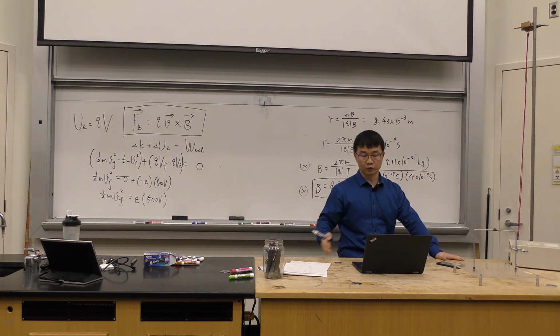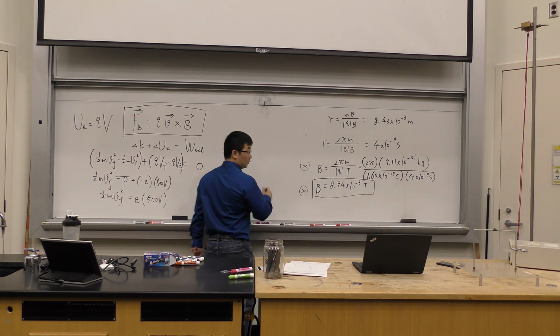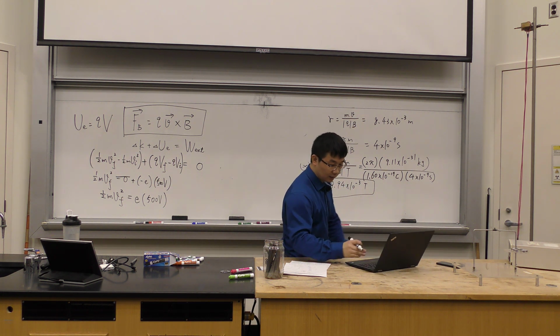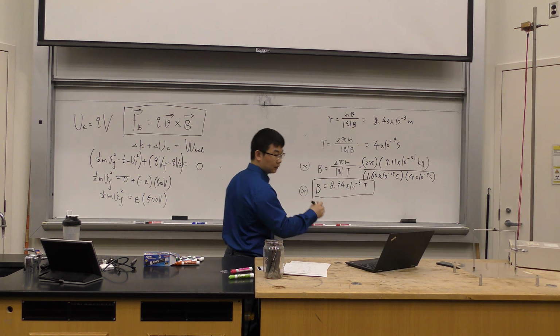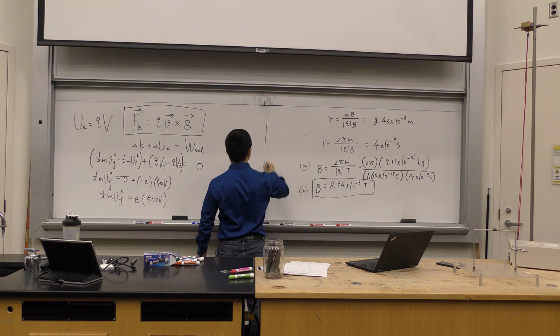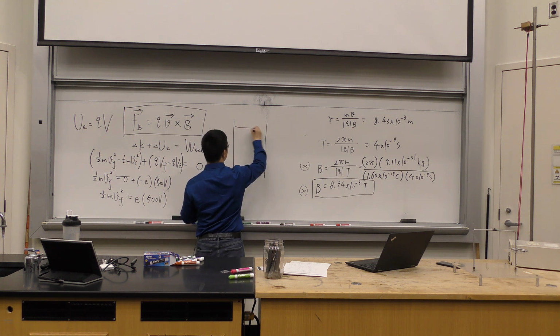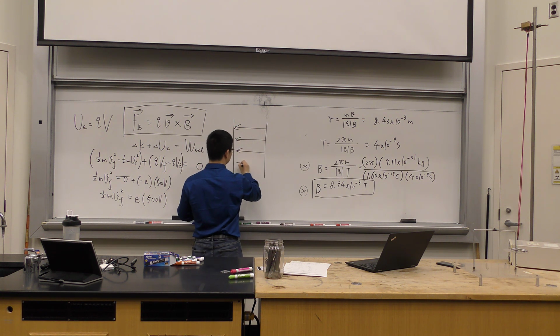Let's see how it works. On this slide, the electric field is created by two parallel plates. We already know that's how we create an electric field. Sorry, I'm confusing myself.